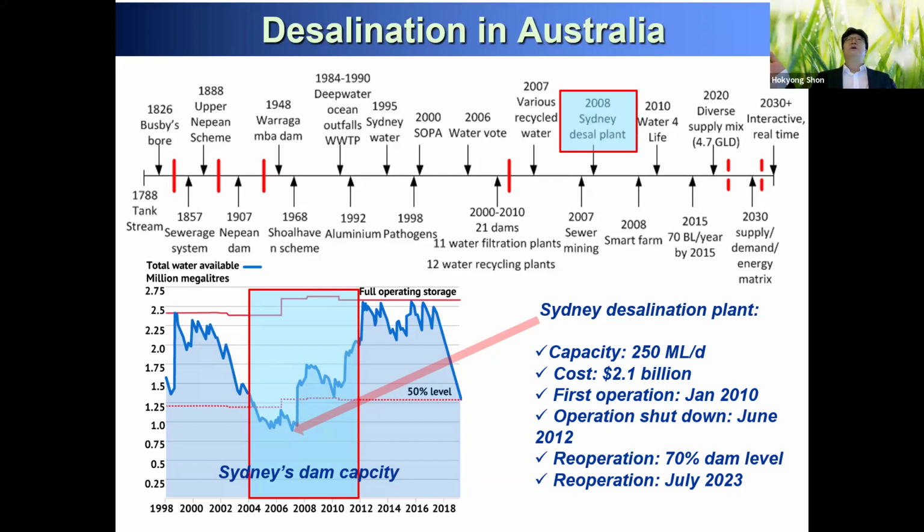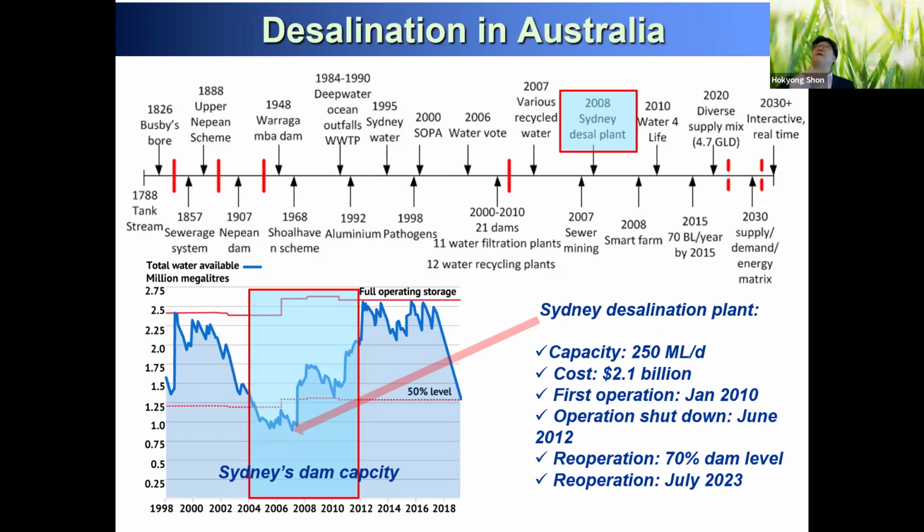When you shut down a plant and then restart, it takes another 1 year to make it fully operational, because you need to clean your pipeline. You also need to make sure of all the details: pumping change, membrane change, all the valve change, the monitoring change, and the system change. So it takes 1 year to reoperate. So when the pandemic started in February 2020, we also had another drought at the same time.